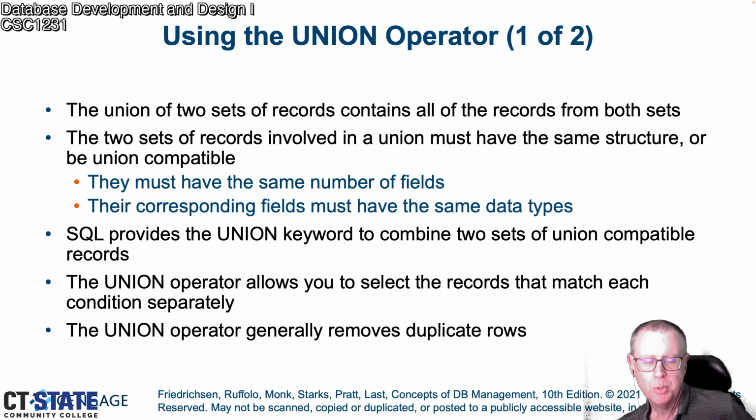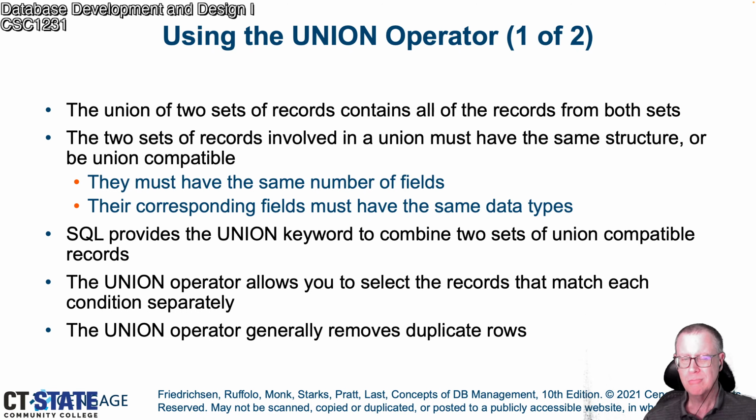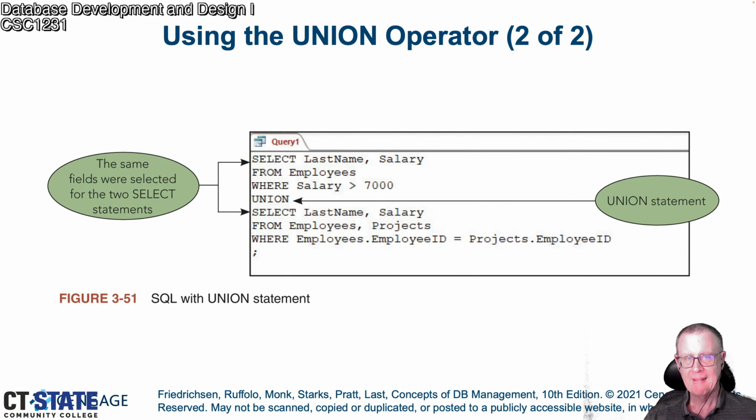Sometimes we want to put together output from two different queries, and we do that using the UNION operator. Both queries must have the same number of fields, and the corresponding fields must have the same data type, otherwise you will get an error. So here's an example. We're pulling last name and salary from the employees table. The first thing we're doing is finding all of those employees with a salary of more than 7,000.